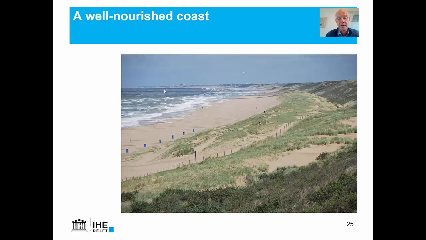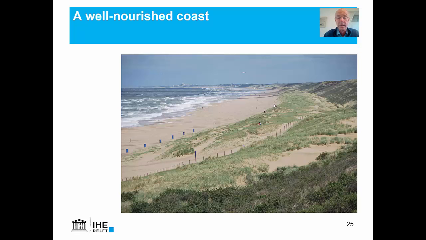Here are some examples. This is what the coast near The Hague looks like. It's extremely nice. You see this dune ridge here has actually grown naturally. Now compare this with the situation in Hoi An that I showed you in the beginning, where the coast is totally starved of sediment. You can try to stop it with hard structures, but it does not work.